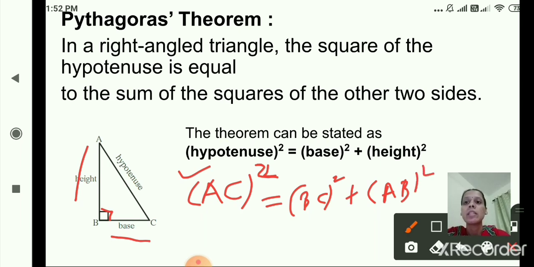So this is the Pythagoras theorem: AC square is equal to BC square plus AB square. So what is the Pythagoras theorem? In a right angle triangle, the square of the hypotenuse is equal to the sum of the squares of the other two sides, and it can be stated as hypotenuse square is equal to base square plus height square.